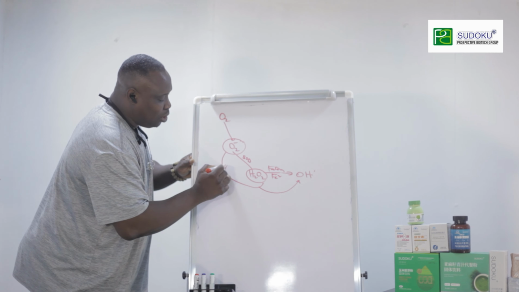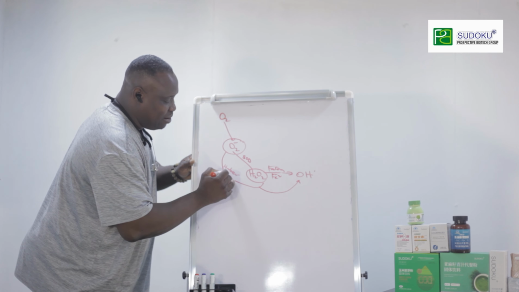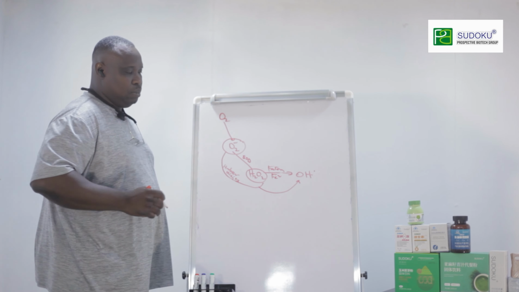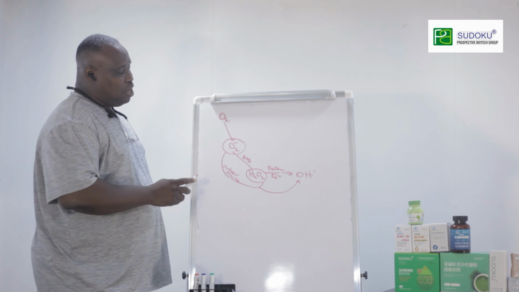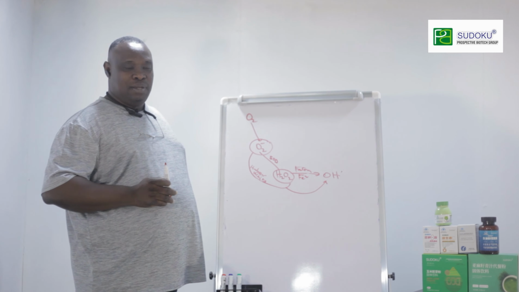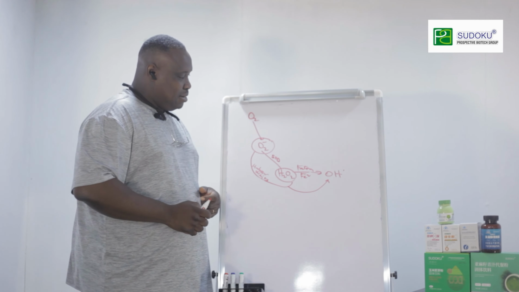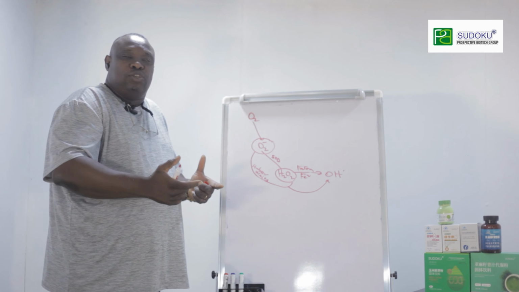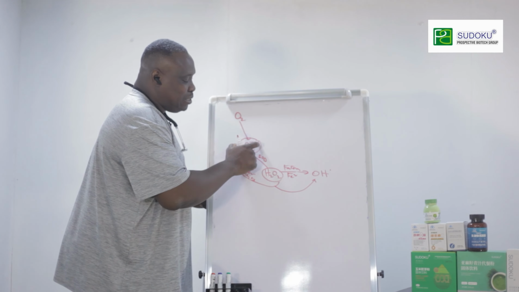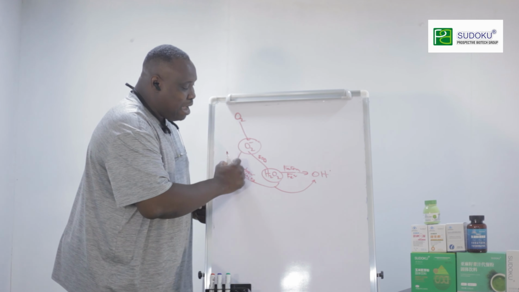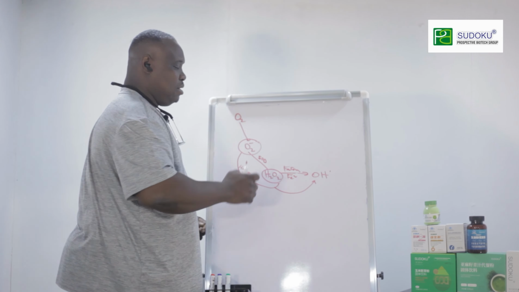This is by what we call Haber-Weiss reaction. So, what's happening here? If superoxide anion gets converted to hydrogen peroxide, and somehow we have a situation where there's an accumulation of superoxide anion and hydrogen peroxide, by Haber-Weiss reaction, it can be converted to hydroxyl radical.